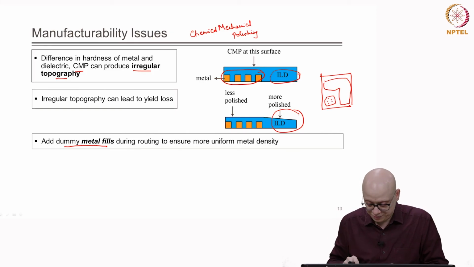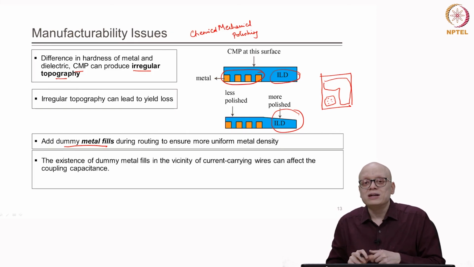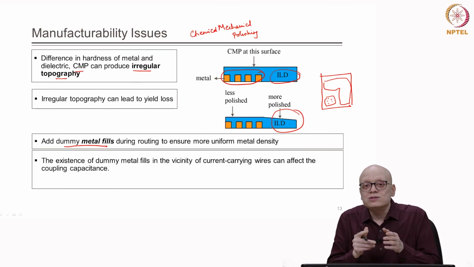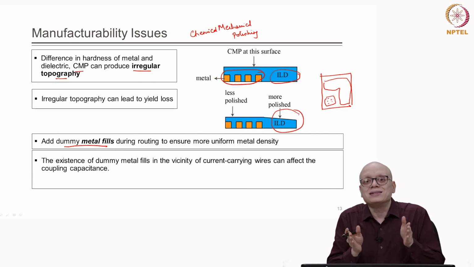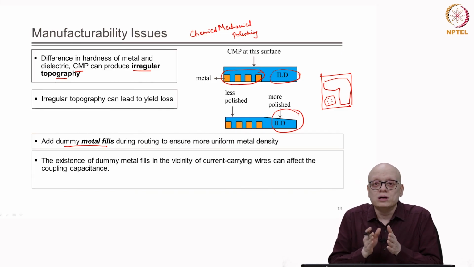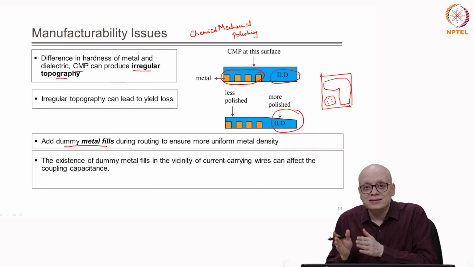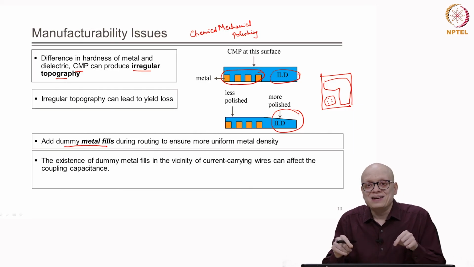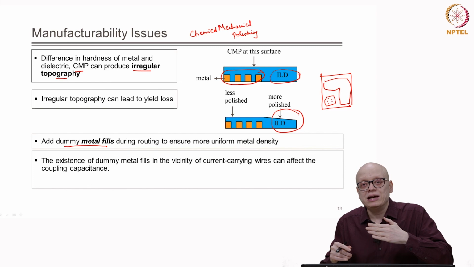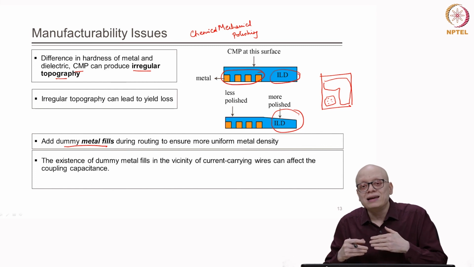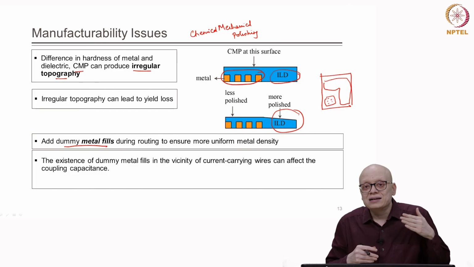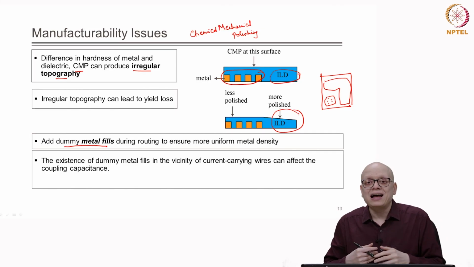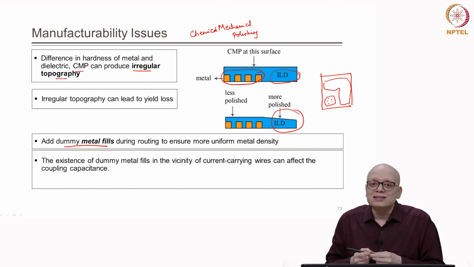But once we do this kind of metal filling, we should be aware that these extra metals will change the capacitance because of the mutual coupling with the other interconnects. These extra metal fills are not carrying any current, but they exist in the layout, and therefore the potential profile of the nearby interconnects that are carrying signals may change, and because of that the timing profile of our design can change, right.